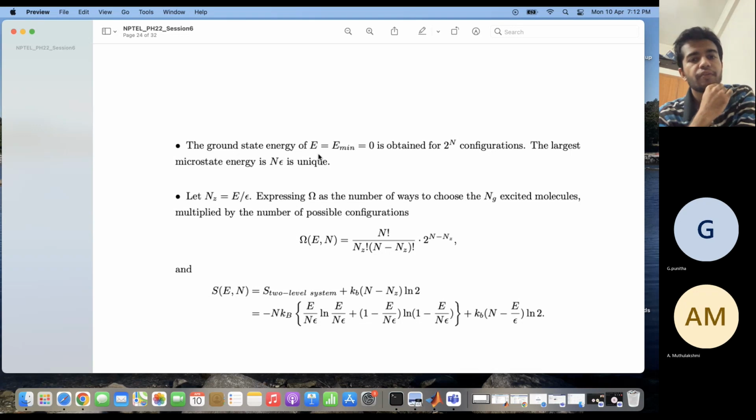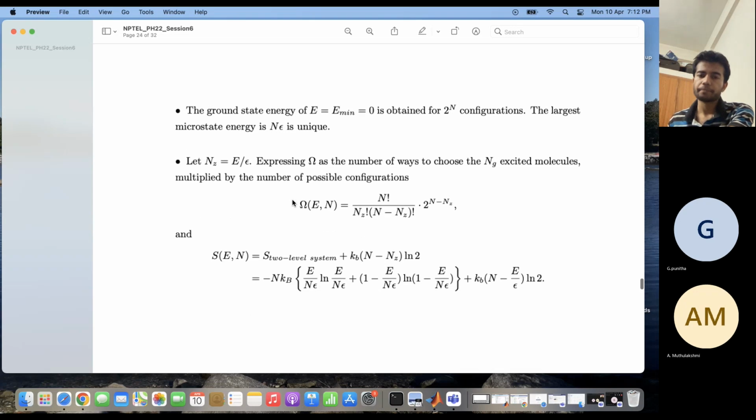Suppose out of these N molecules I have nz molecules which are standing pointing upwards. Then the energy of the system is E equal to ε nz, therefore nz is equal to E by ε. The total possible number of arrangements of nz molecules out of N molecules is N choose nz, which is N factorial over nz factorial times (N minus nz) factorial.